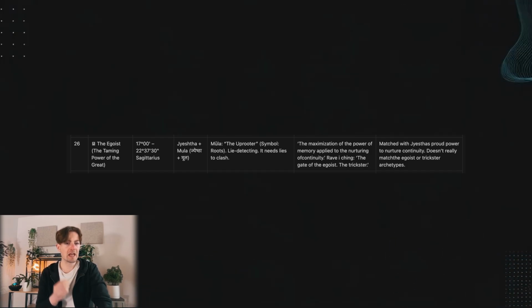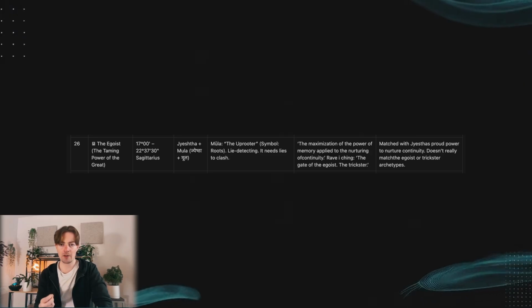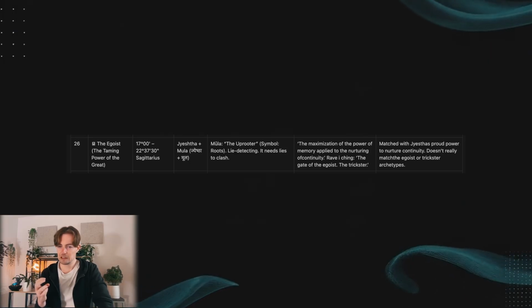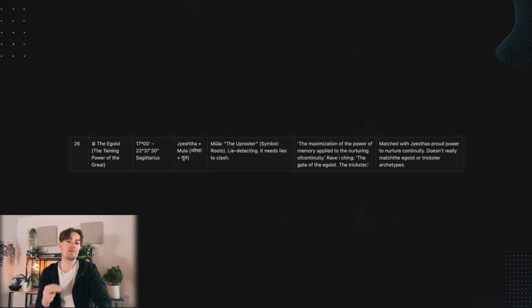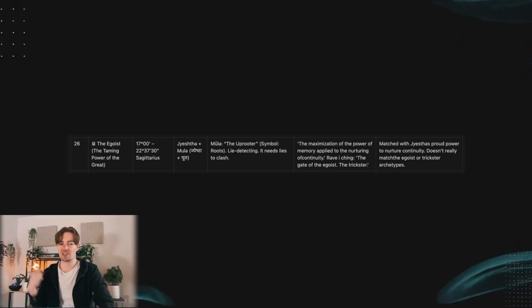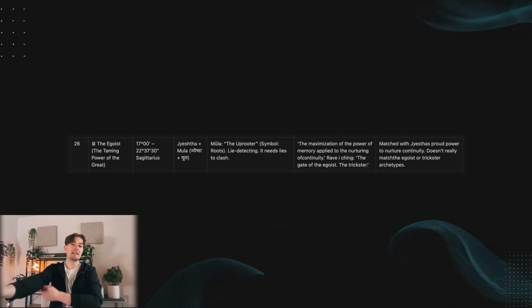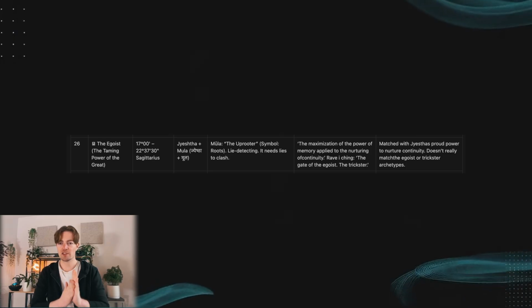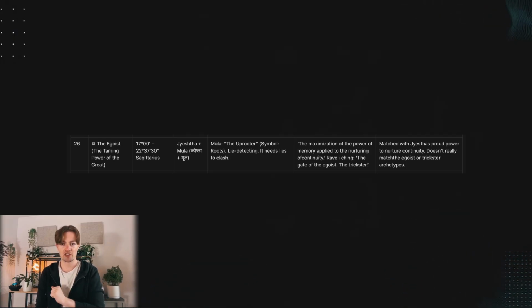So this real sense of the root. The description for gate 26, the egoist, the taming power of the great, is the maximization of the power of memory applied to the nurturing of continuity. A little bit archaic description. Revati Ching says it's the gate of the egoist, the trickster. So it's kind of matched with Jyeshta's proud power to nurture continuity.